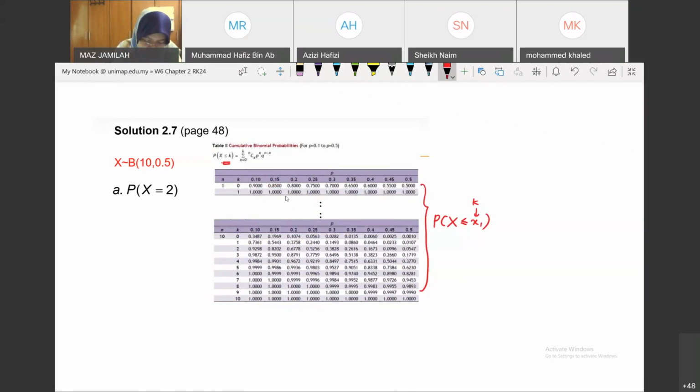For X following binomial with 10 trials and probability of success 0.5, using the formula, P(X = 2) equals 10 C 2, 0.5 to the power of 2, times probability of failure 0.5 to the power of 8. That is 10 combination 2 multiplied by 0.5 to the power of 2 multiplied by 0.5 to the power of 8. Can someone give me the answer?